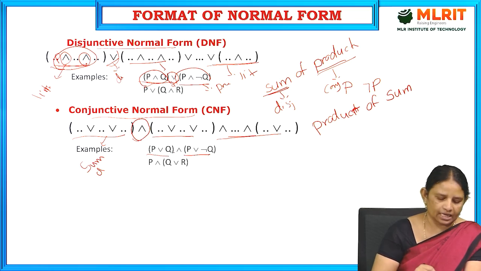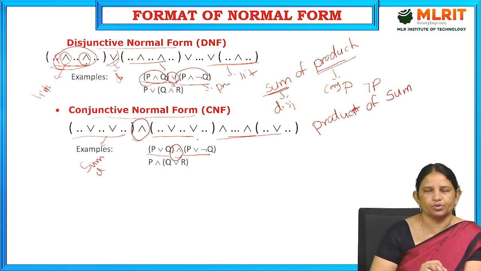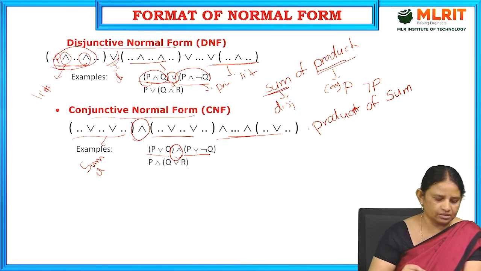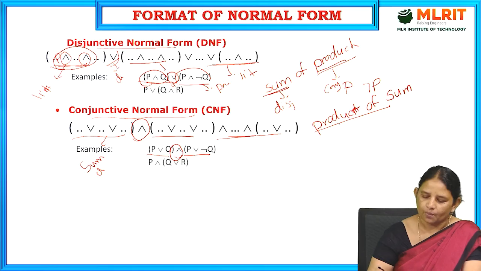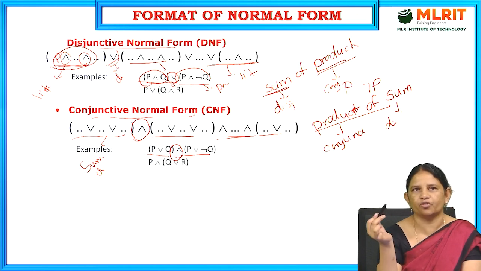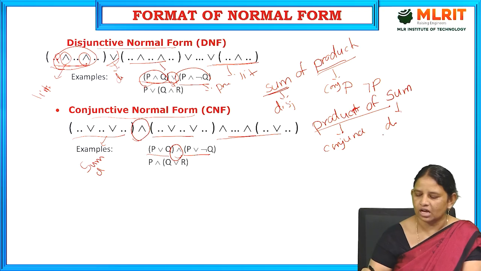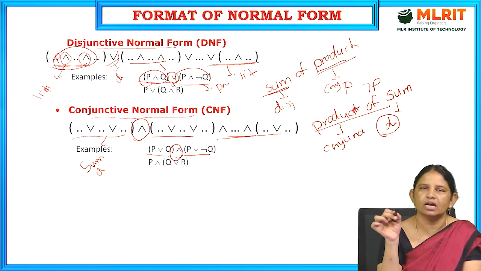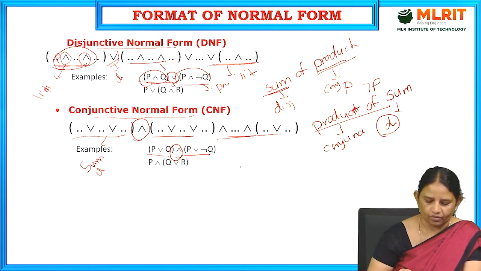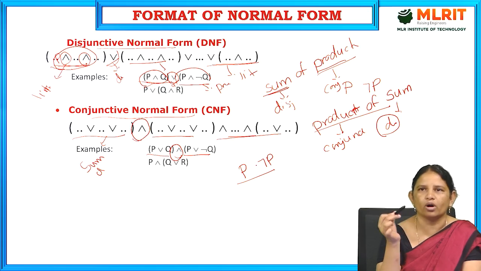These two are connected by the product symbol. This is called conjunctive normal form. Another name for conjunctive normal form is product of sums. Product is called a conjunction, whereas sum is called a disjunction. So, another name for conjunctive normal form is conjunction of disjunctions. The literals present in the sum may be either a variable or the negation of the variable.